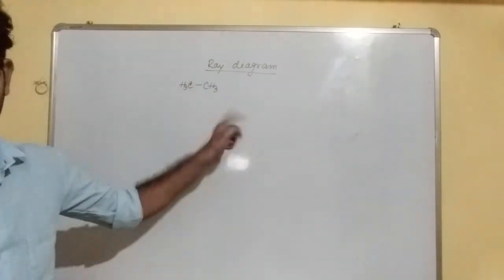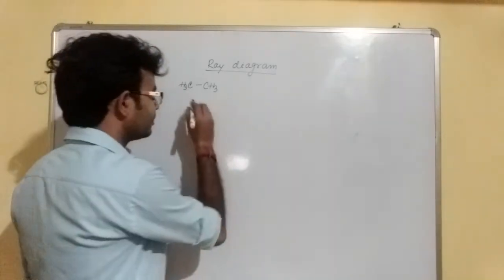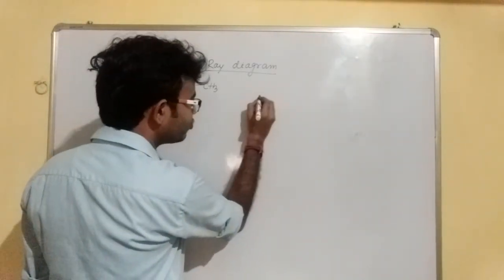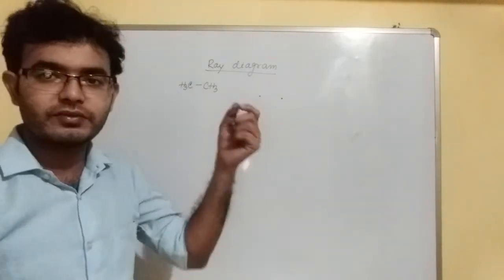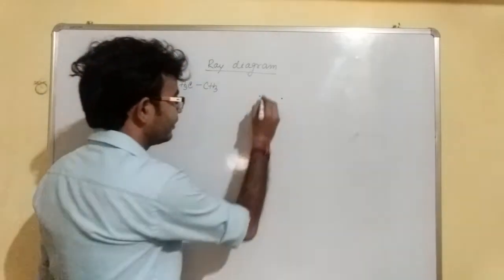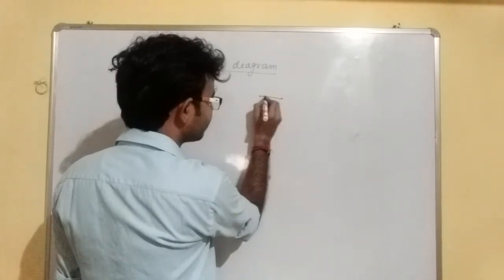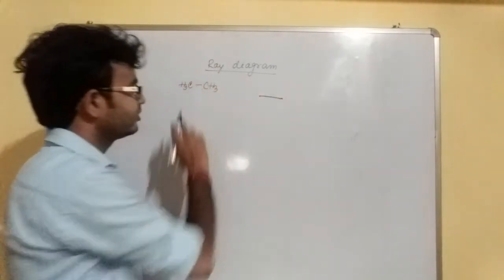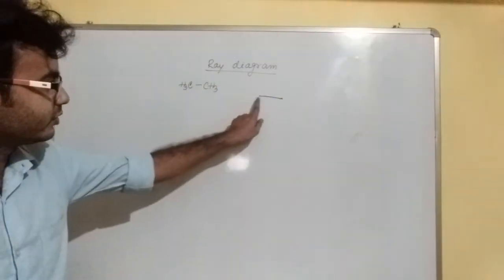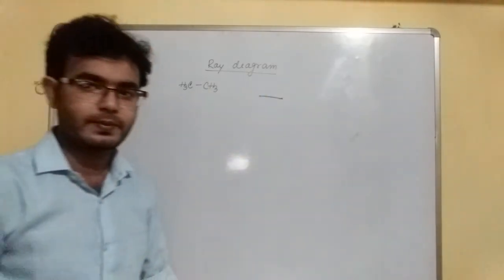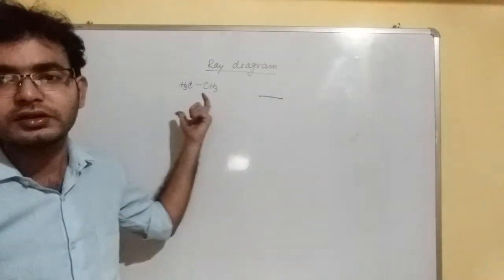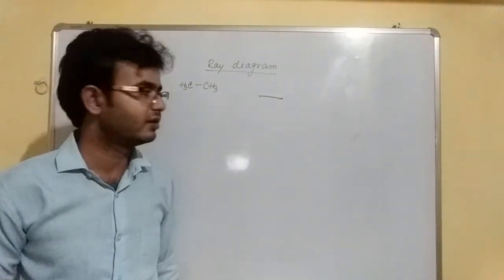We can write this carbon chain. Now this carbon chain contains two carbons, so we represent these two carbons by two dots. If we connect these two dots by a single bond, as they are connected by a single bond here, this line will be the ray diagram of CH3 single bond CH3.